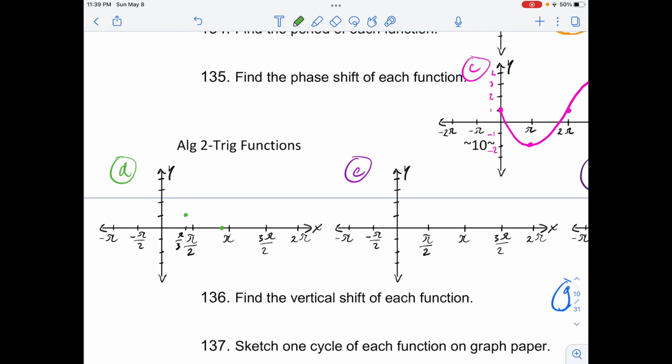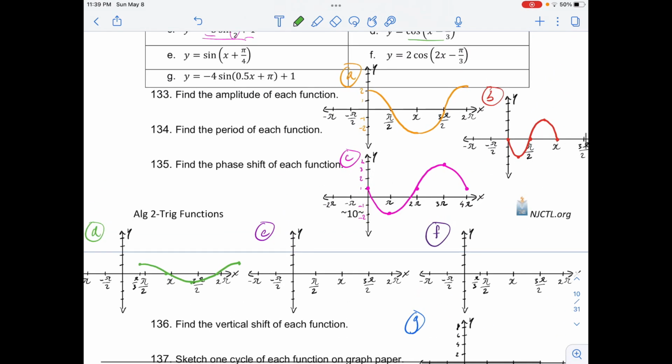Our minimum occurs at this value, pi plus pi over 3, negative 1. Then goes back to 0 at 3 pi over 2 plus pi over 3. And then back to our maximum at 2 pi plus pi over 3. So one cycle of this is our graph for that cycle.